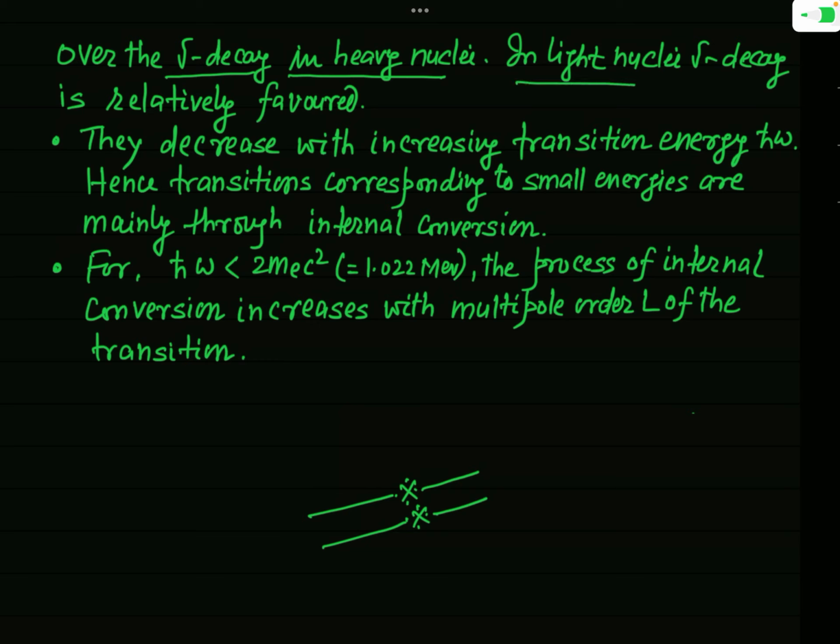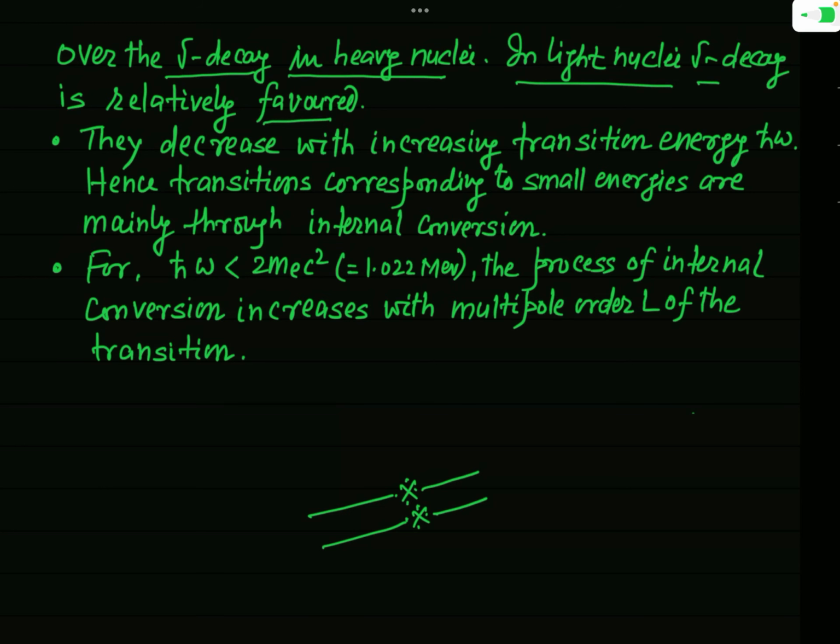So I have mentioned it here that in light nuclei, gamma decay is relatively favored. This is a very remarkable fact: internal conversion is favored in case of heavier nuclei. But in case of lighter nuclei, the transition of the nucleus from a higher energy state to a lower energy state is mostly accompanied by gamma decay. But if the nucleus is heavy, then it will be via internal conversion. Okay.